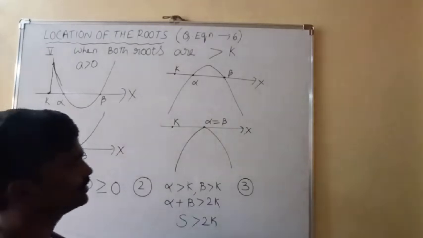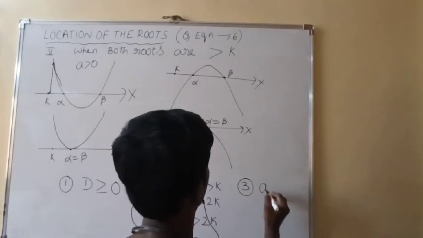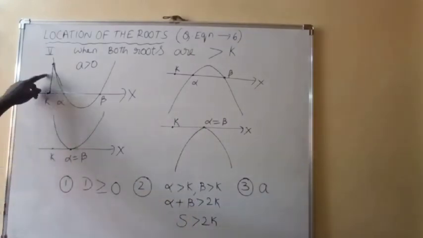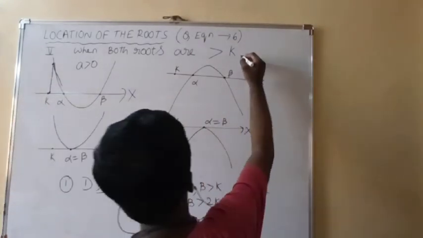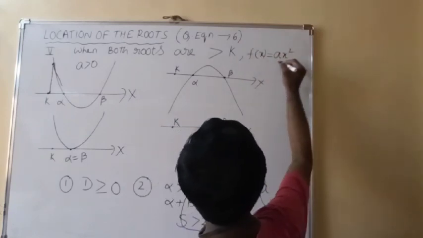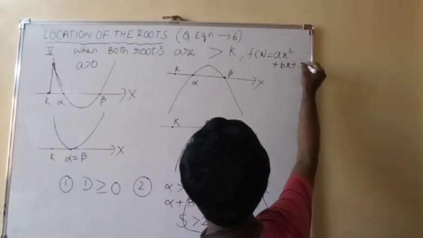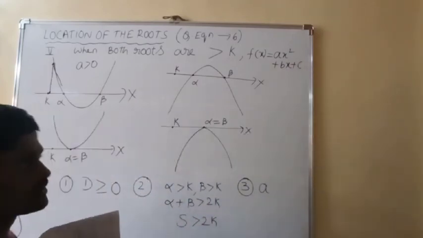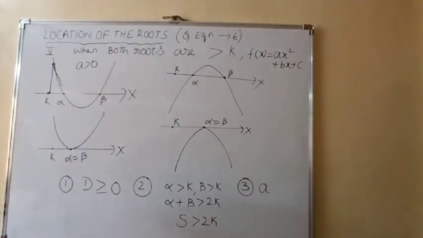So what is the condition we have here? When A is positive, f of k is also positive. What is f of x? F of x is ax square plus bx plus c only.